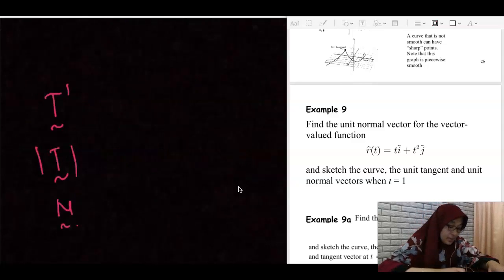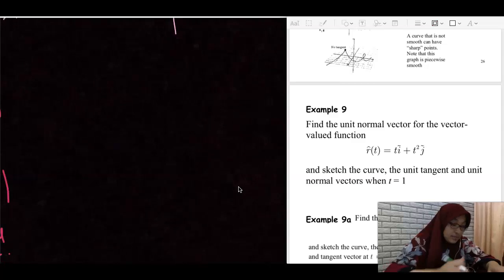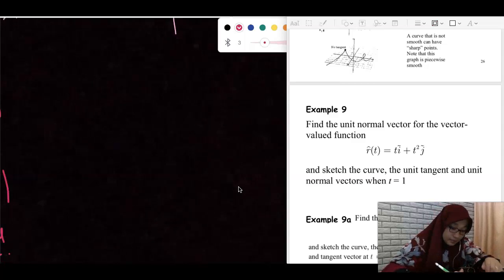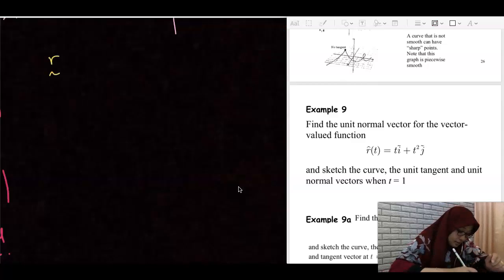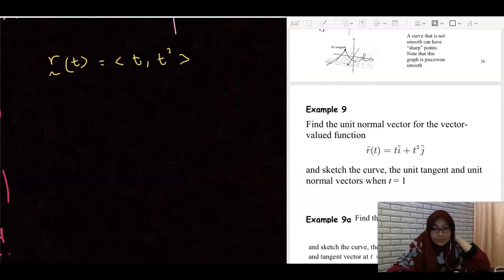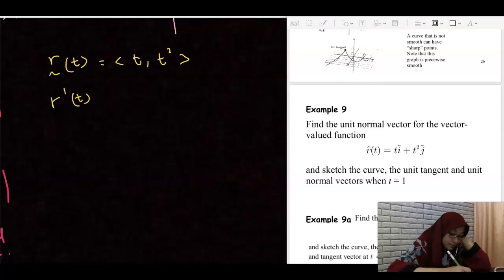Okay, so now what is the information that we have from the example? They give you the vector function R. Then you have to differentiate, and when you differentiate, you get 1, 2t.